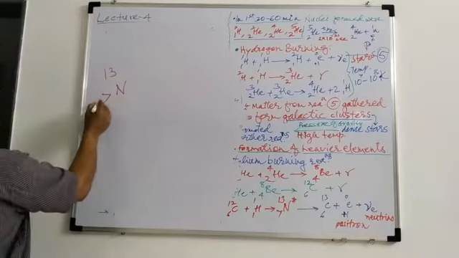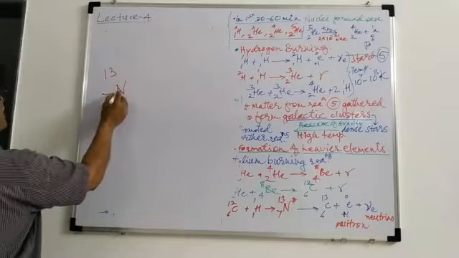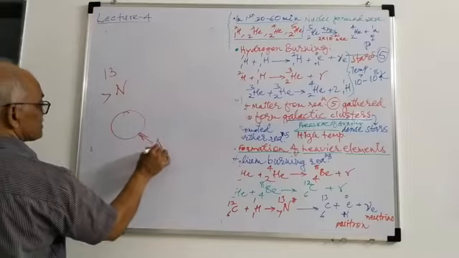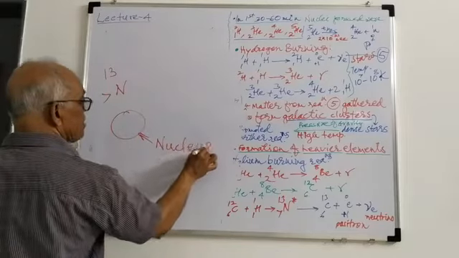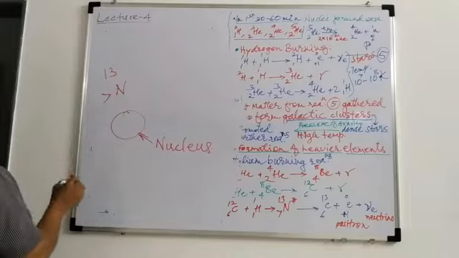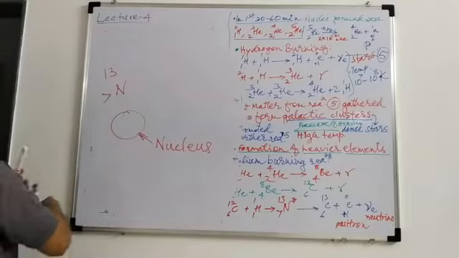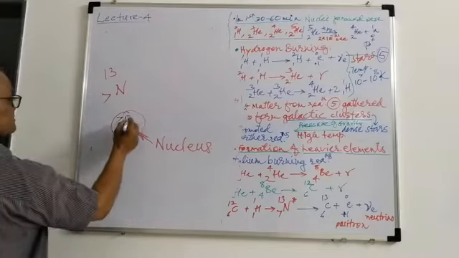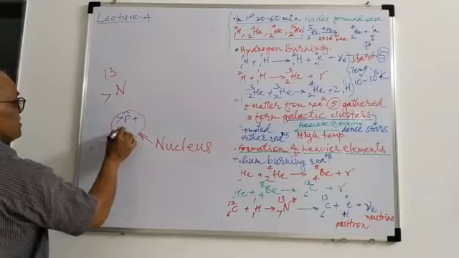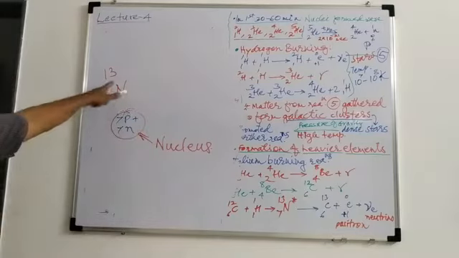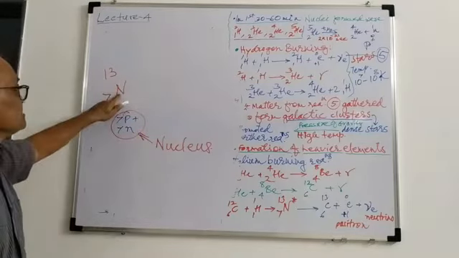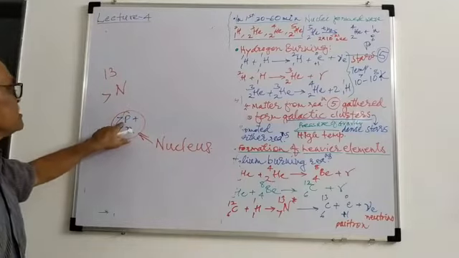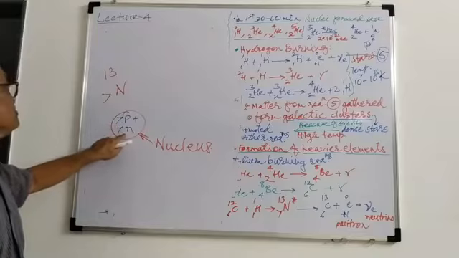So this is the nucleus of nitrogen, which contains 7 protons plus 6 neutrons. So 13 indicates that the nitrogen nucleus contains 13 nucleons in total.